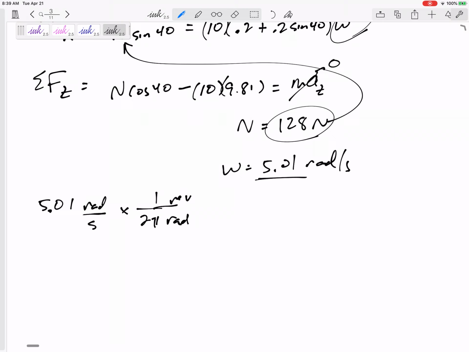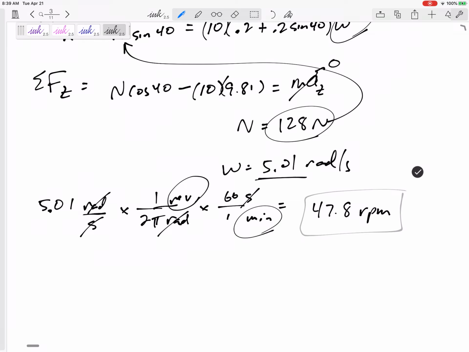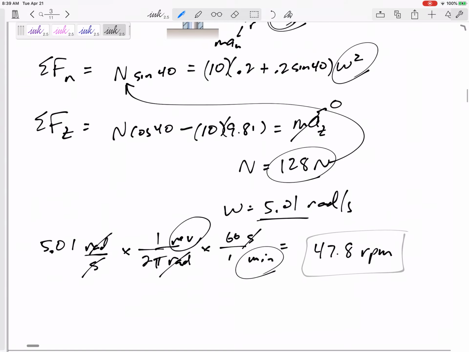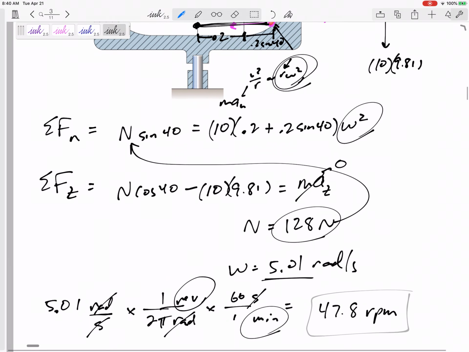I know that 1 revolution is 2 pi radians. And I want to convert seconds to minutes. I know that there are 60 seconds in 1 minute. So there we go. Revolutions per minute. I have 47.8 RPM. So that's how we answered that question.